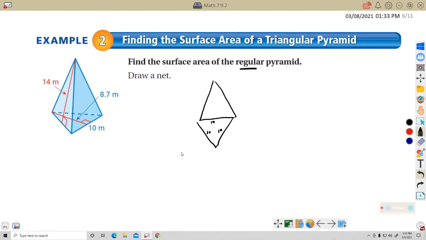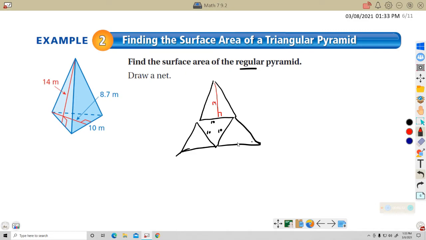And again, all these are going to have the same kind of length to them. All these sides out here will be about the same. It's just a diagram, so that doesn't really matter. Next, we have the slant height here of 14.